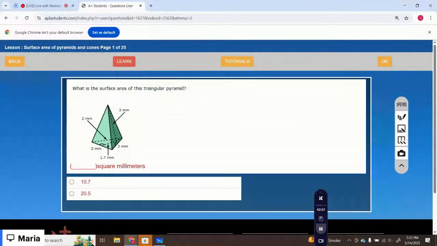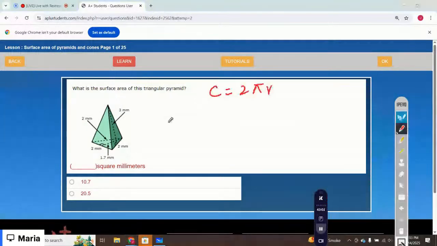What is the surface area of a triangular pyramid? So just calculate the area of the triangular faces. That is half times base times height. So that is 3.